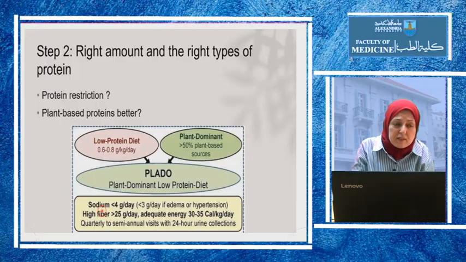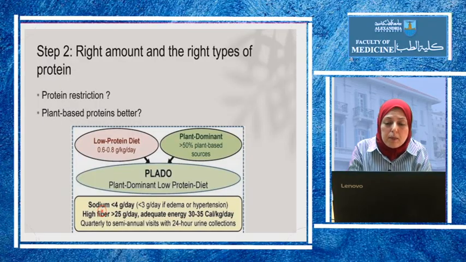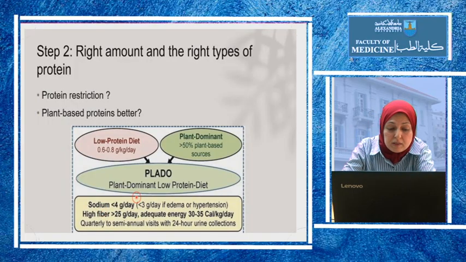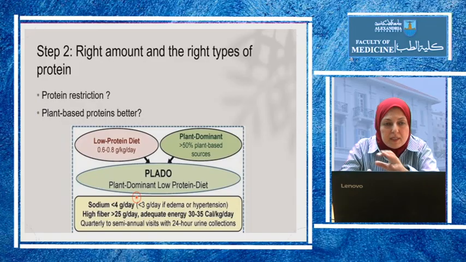But actually, new evidence supports that we give more plant-based sources and that they recommend a plant-dominant low-protein diet because it's higher in fibers and actually the phosphate in it is not absorbable, the uric acid in it is not absorbable.